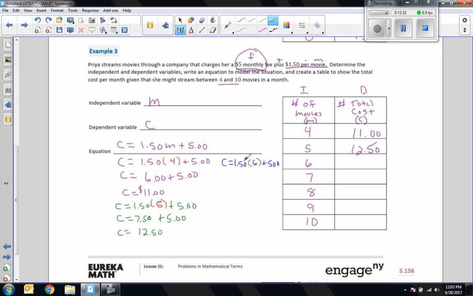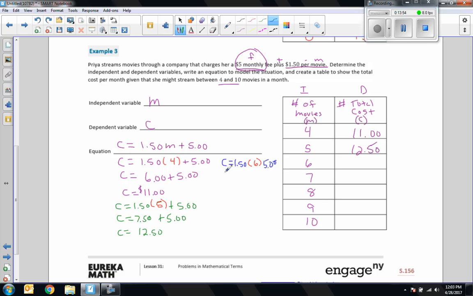So C depends on what we plug in for our equation. C depends on what we plug in for M. M is 6, so we're saying what is C when M is 6?